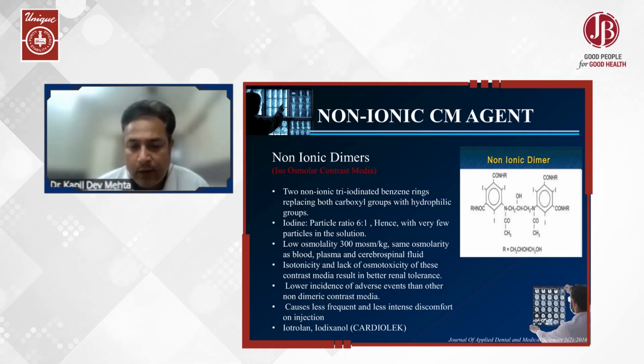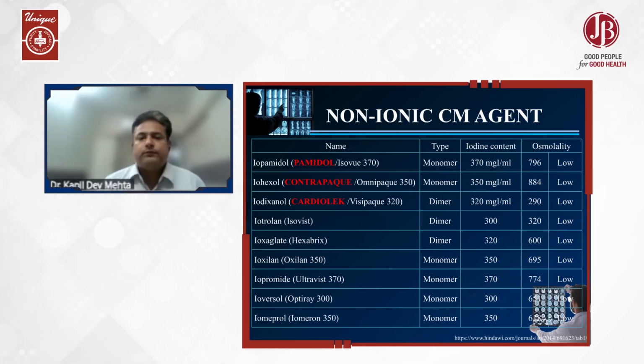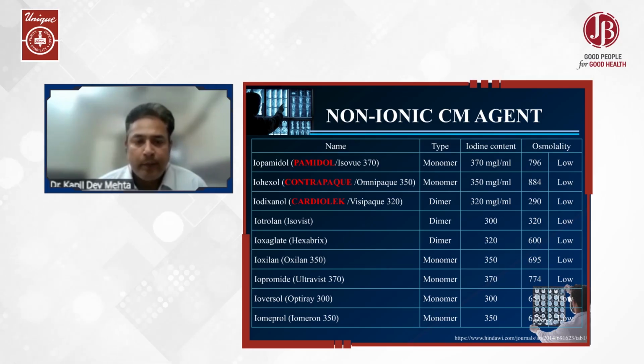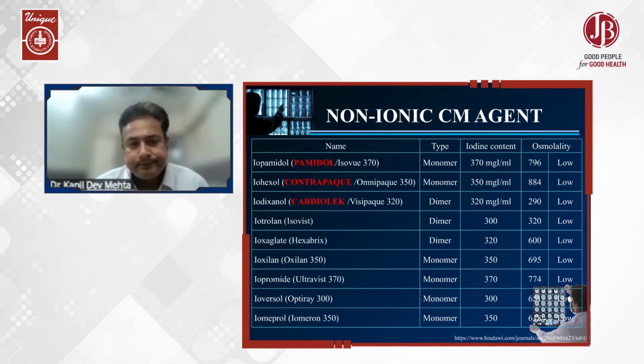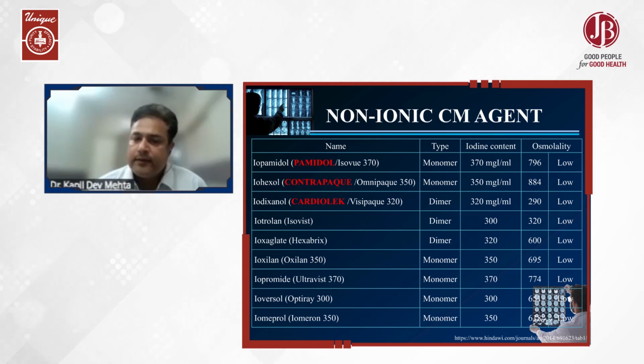Example: iodixanol or Cardiolec. So among non-ionic contrast agents, iopamidol, iohexol, iodixanol, the brand names are Pamidol, Contrapac, Cardiolec. Pamidol and Contrapac are non-ionic monomers, and Cardiolec is a non-ionic dimer.